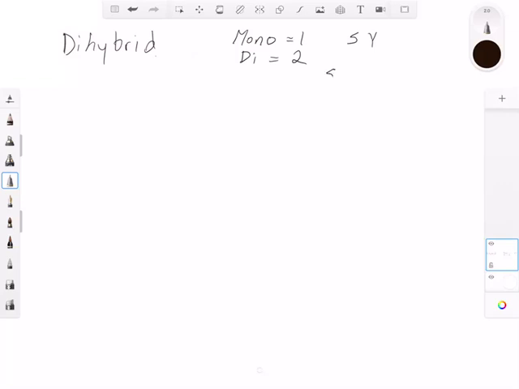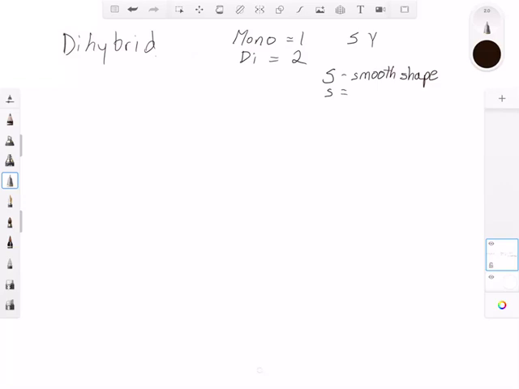So we're going to say that capital S is dominant, and it's going to equal smooth shape. And it's always important that you write kind of this key on the side so that way you can understand what your letters are representing. So we're going to have lowercase s.